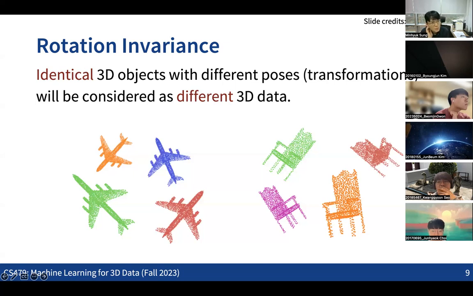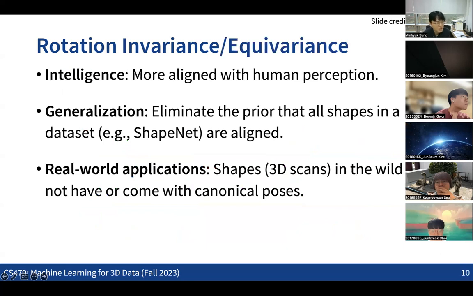So that's the thing. We want to achieve some kind of rotation invariance and equivariance in the design of the neural network. Actually, that's also the way that humans perceive 3D models. For a human, however we rotate a 3D model, all the rotated chairs are the same chair, right?